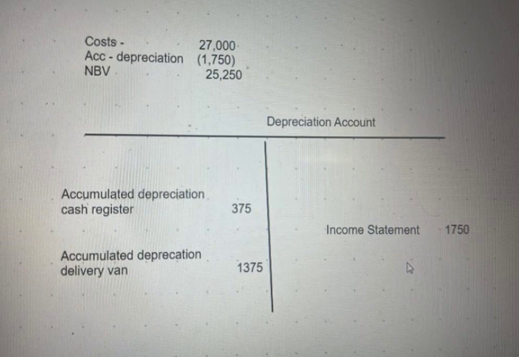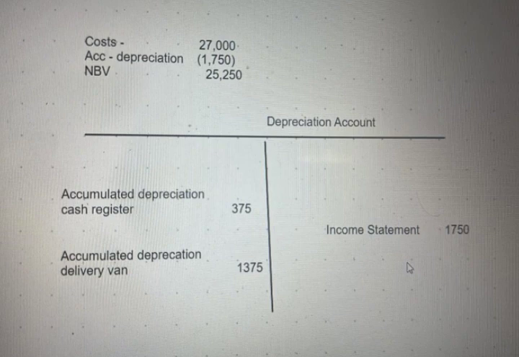And the second one was the accumulated depreciation for the delivery van, which was at 1375.